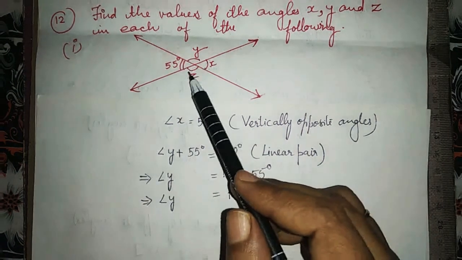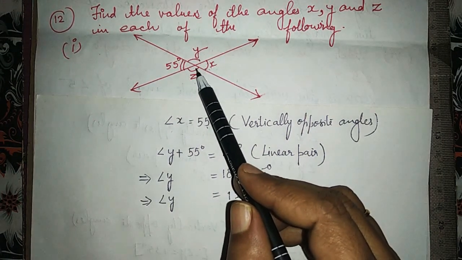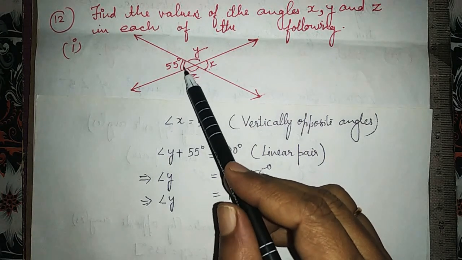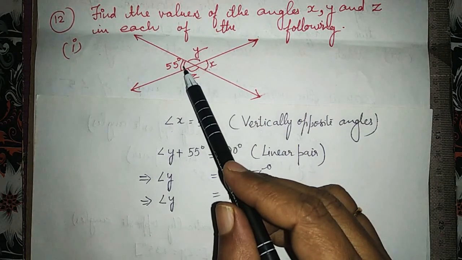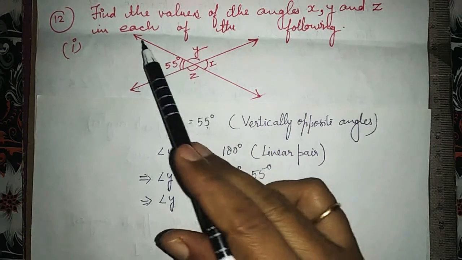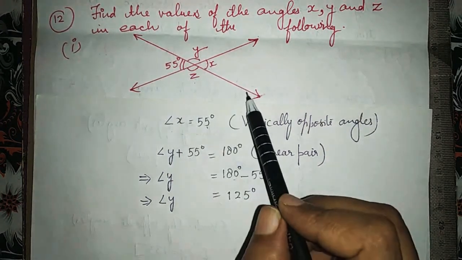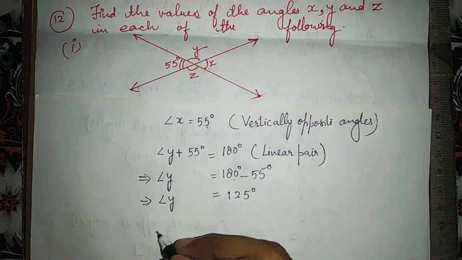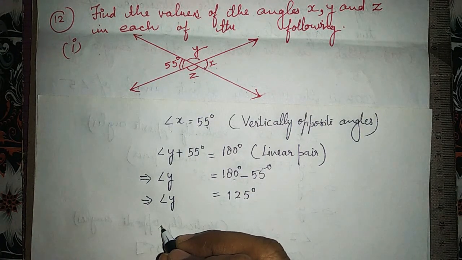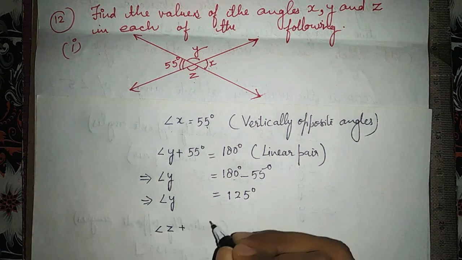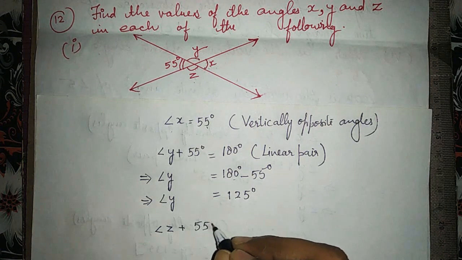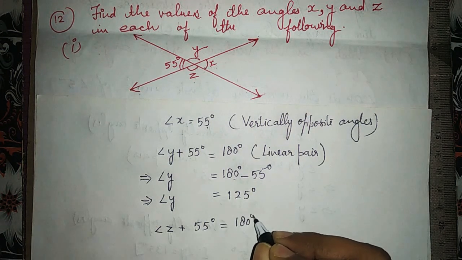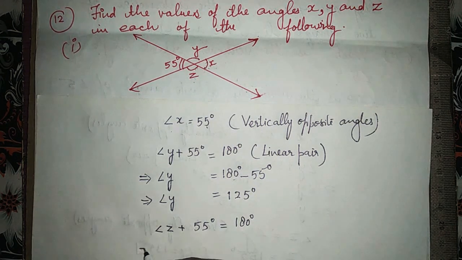Now you have seen that we have calculated angle x and angle y. Now we have to calculate angle z. Here you can see angle z and 55 degrees. They both are also forming a linear pair because they are also on this straight line. So for angle z, we can write angle z plus 55 degrees is equal to 180 degrees.